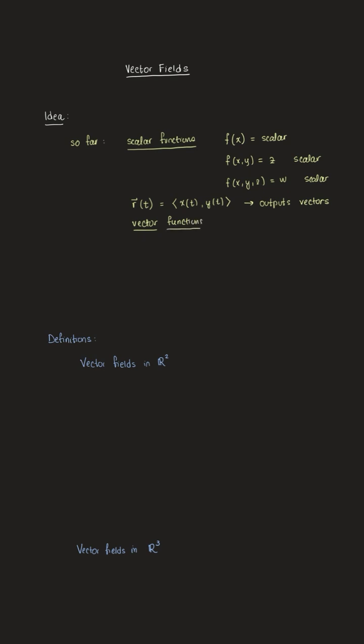Now, with vector fields, we actually assign a vector to every point in space. So in a vector field, every point that we put in, our input is a point, could be in R2 or R3, so input is a point, and the output is a vector.